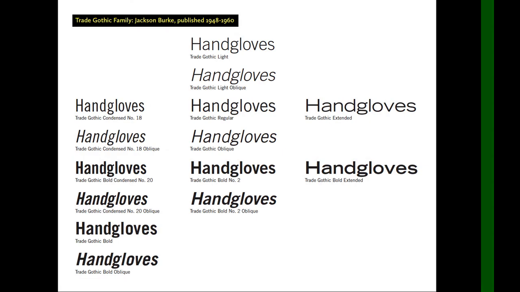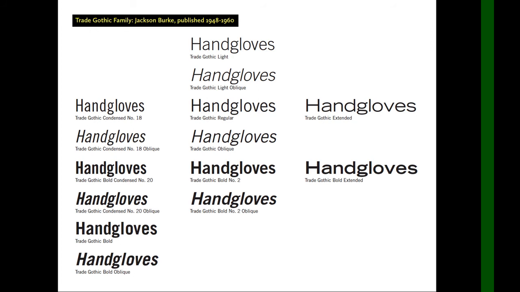So before we get into what we're going to do, I want to show you some examples of width in commercial typefaces. And actually, when we talk about width, we are usually referring to a typeface family.